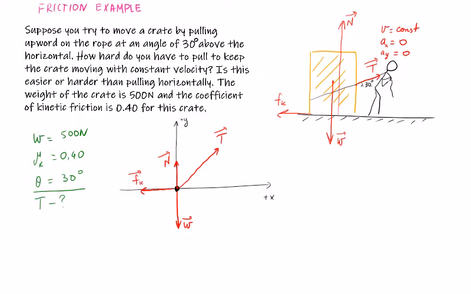So let's call this angle theta, and then immediately let's resolve the tension into components. It would be easier for us to write our Newton's second law. So we have the x component of the tension, Tx, and then we have the y component of the tension, Ty.